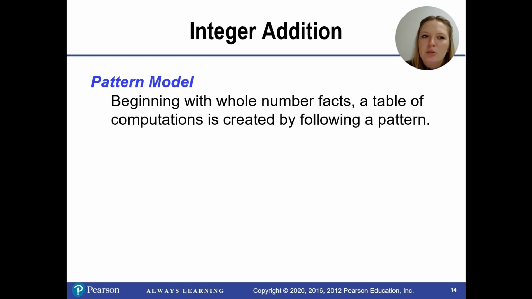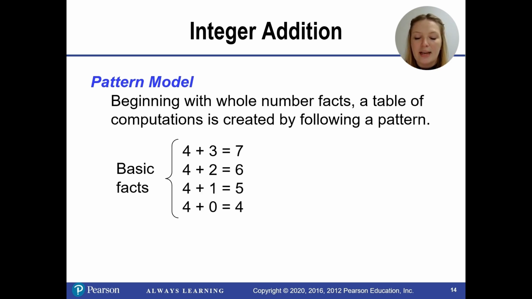We can also use patterns to think about integer addition and subtraction. If we start with whole number facts and then move into what happens when we start with negative integers, we can recognize that 4 plus 3 is 7. If we add 1 less, then 4 plus 2 gives us 6. Add 1 less, 4 plus 1 gives us 5.